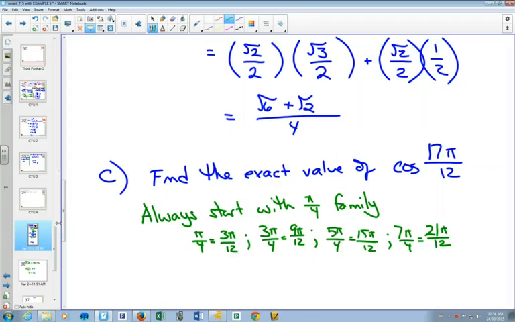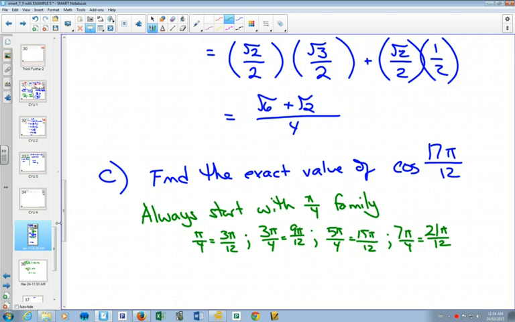The only way that you're going to get an odd number when you're adding two things together is if one of those is an odd number. So you always have to have pi over 4 in every single pi over 12 question. There will always be a pi over 4 family. And you can choose any pi over 4 family you want, and it will always work.